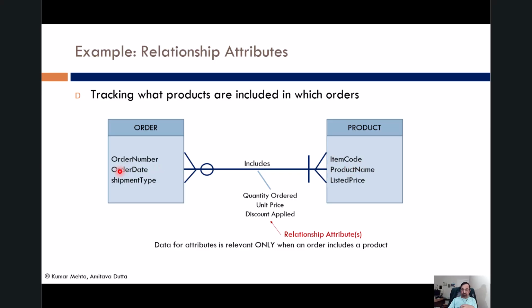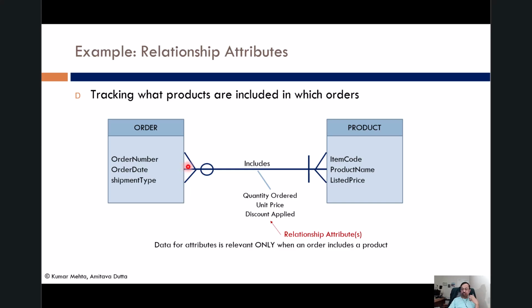That's what these cardinality symbols mean. Obviously you shouldn't have an order which has no product. And if you go in the reverse direction, any one product is included in at least 0 orders and at most many orders. Obviously, you could have a product that nobody has ordered. So this is a relationship between order and product.